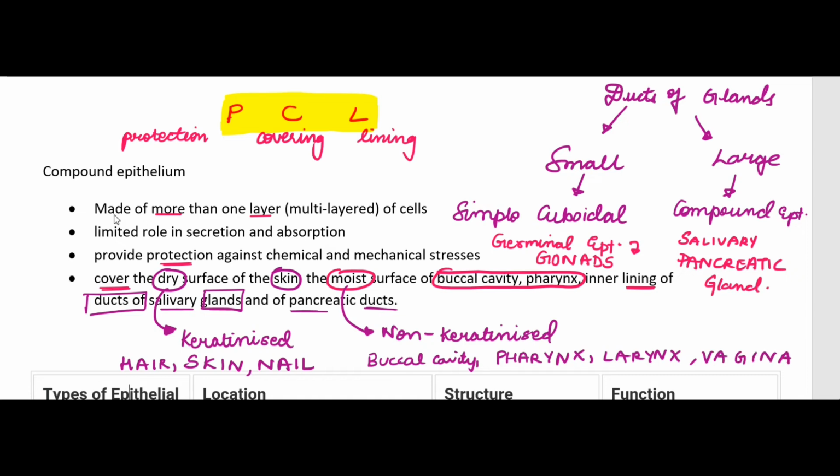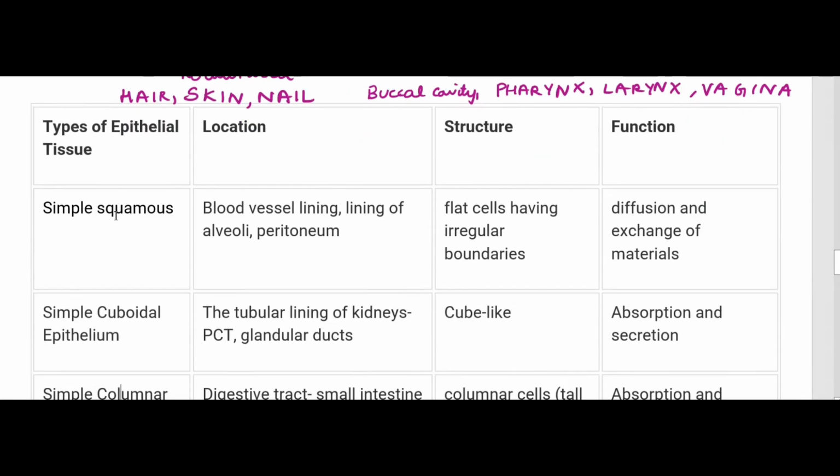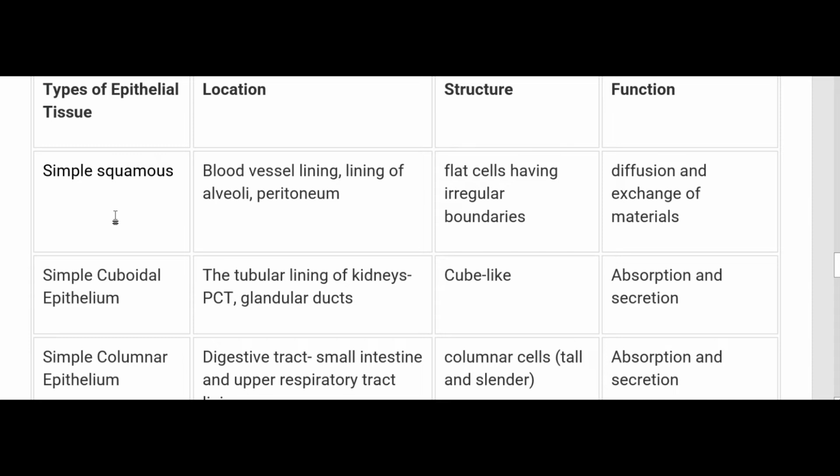Now let's have a quick recap of the different types in the form of a table. Simple squamous epithelium: where is it present? It is present in blood vessels, the lining of blood vessels, alveoli and peritoneum, and it is also found in Bowman's capsule. The lining of blood vessels is also known as endothelium, a new word here.